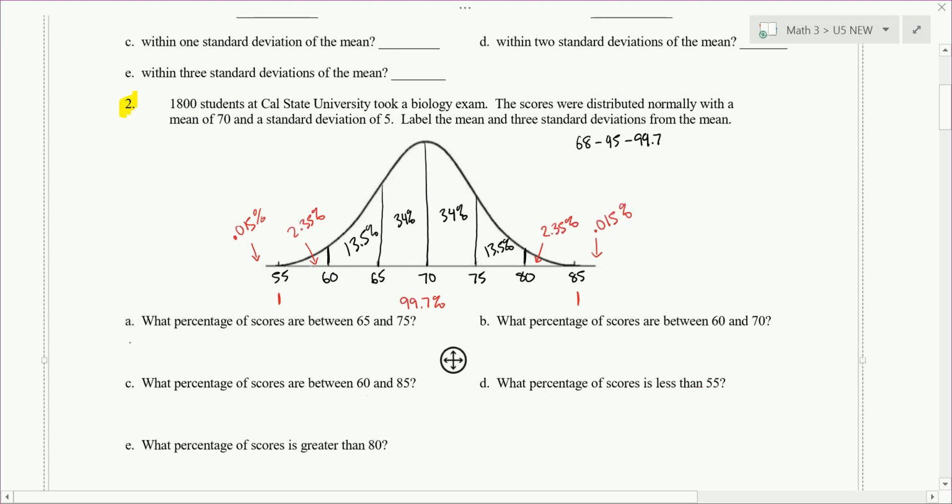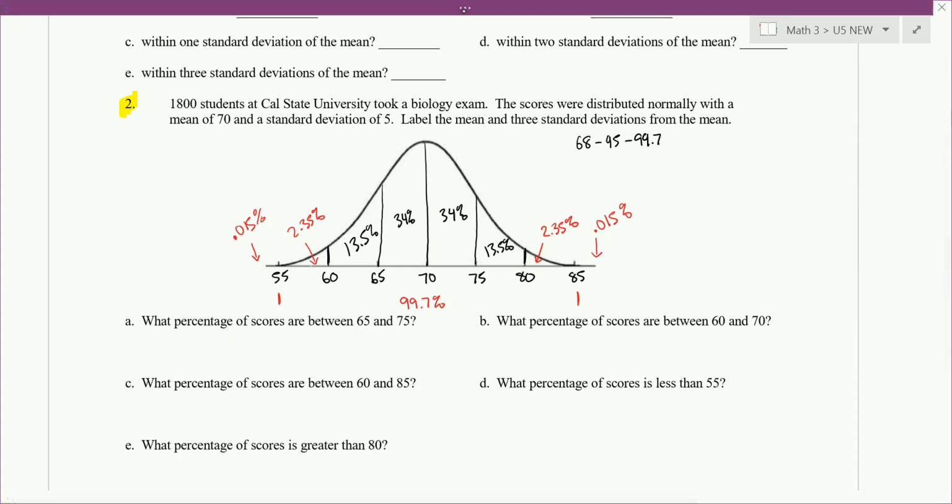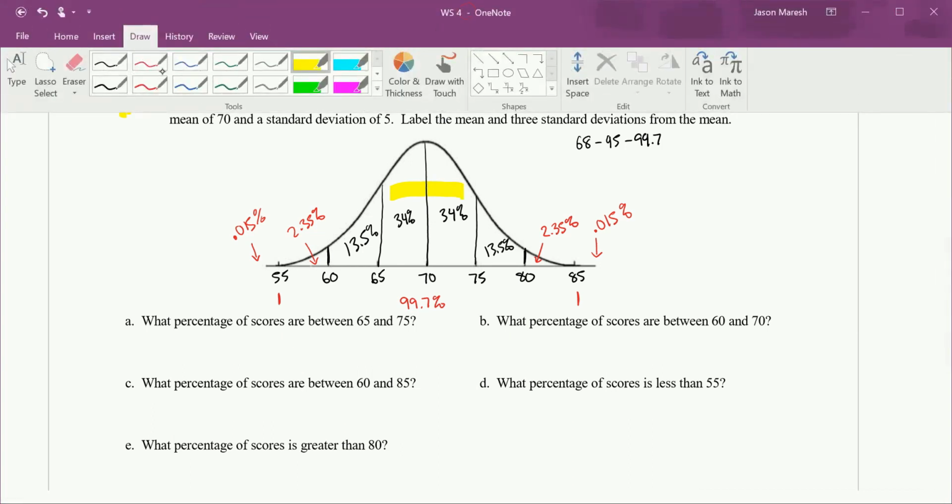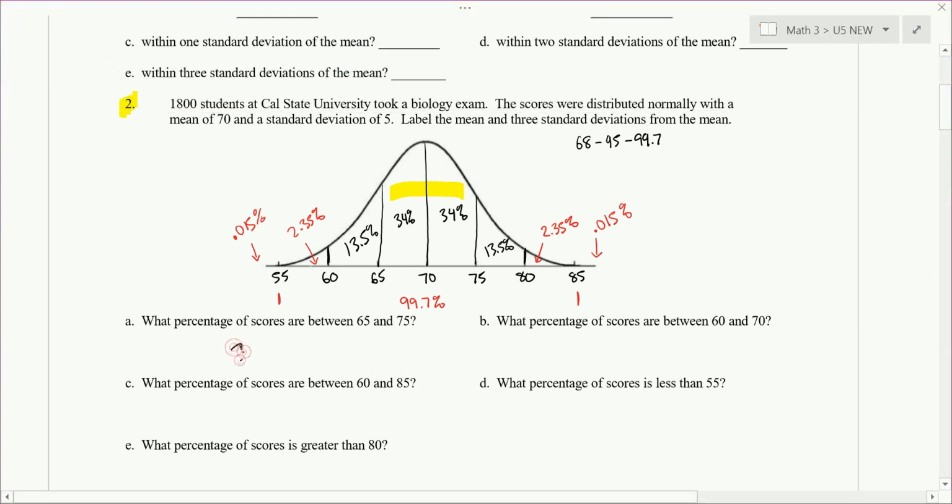So, part A. What percentage of scores are between 65 and 75? So we see we got 34 plus 34 because that falls within this region here, which is 68%.